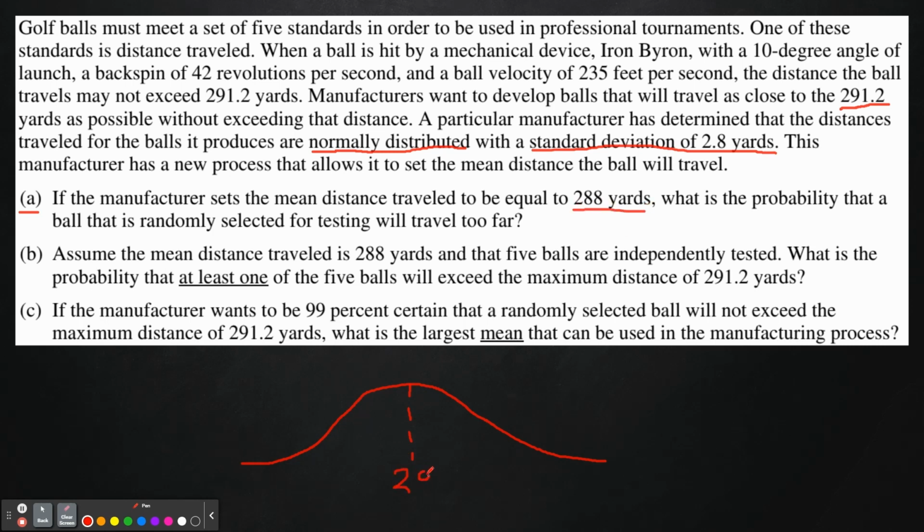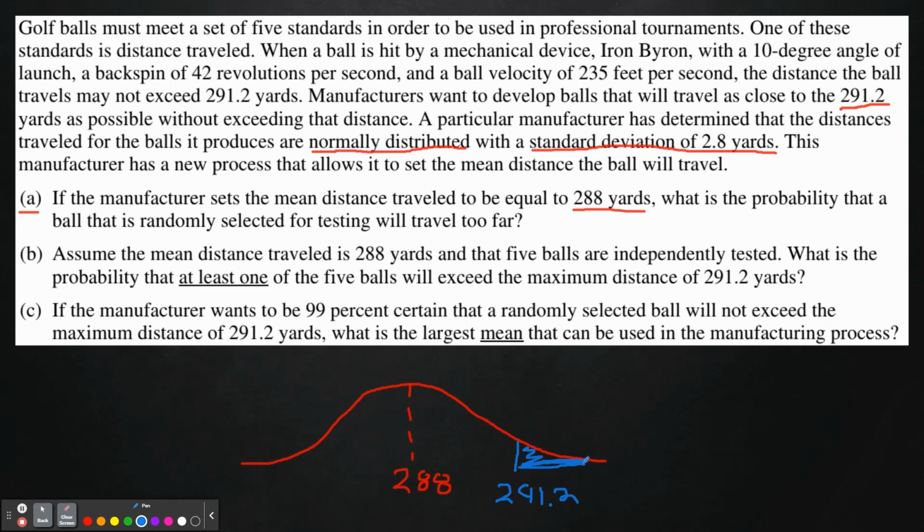We can mark that. Sorry for my bad handwriting here. And they want to know the proportion or the probability that a ball will travel too far. Well, too far is cut off at 291.2 yards. So we want to know what proportion of balls travel further than that.